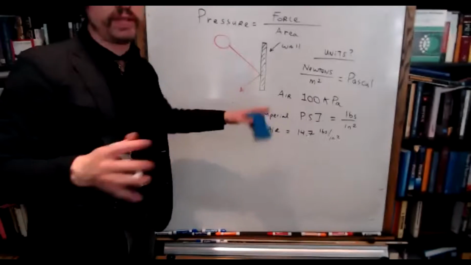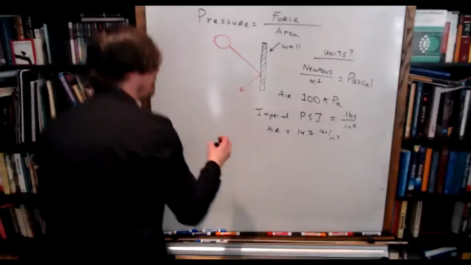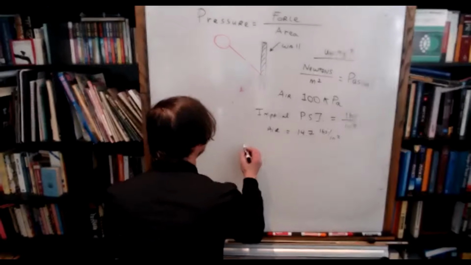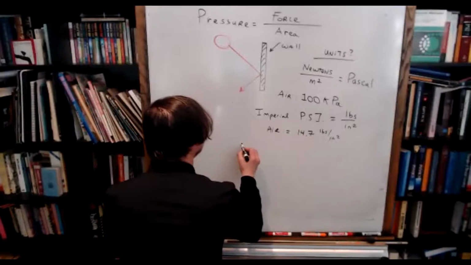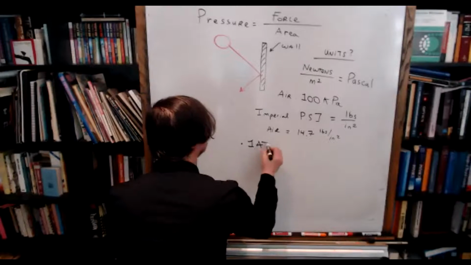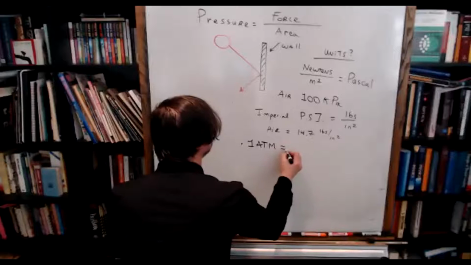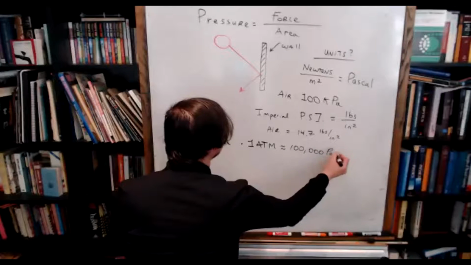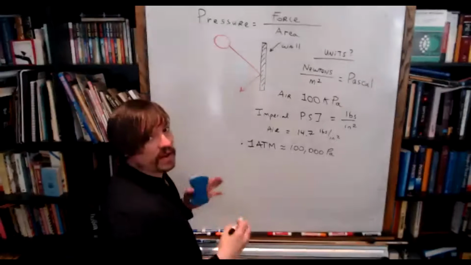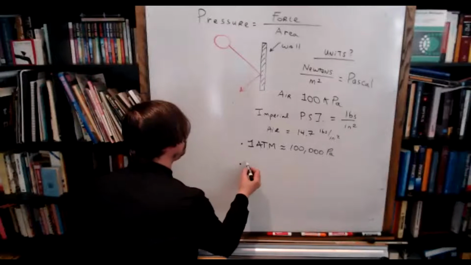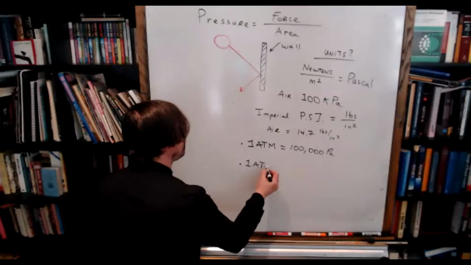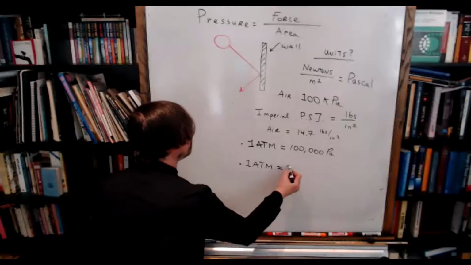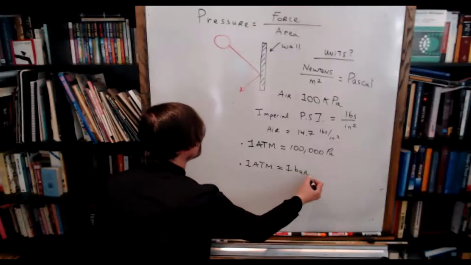Now, other units of pressure that show up from time to time, especially in this class, in planetary science, we sometimes use atmospheres. 1 atmosphere is about 100,000 pascals or 100 kilopascals. And atmospheres bear a close resemblance to another unit used by meteorologists. Atmospheres are very close to the definition of a bar.